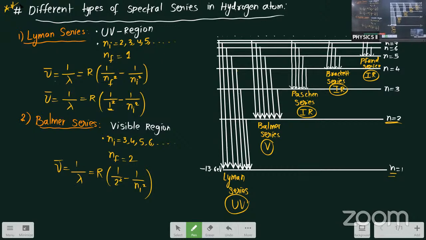We'll start a new chapter, that is ray optics. This chapter is also very important for your supplementary examination or main annual examination.